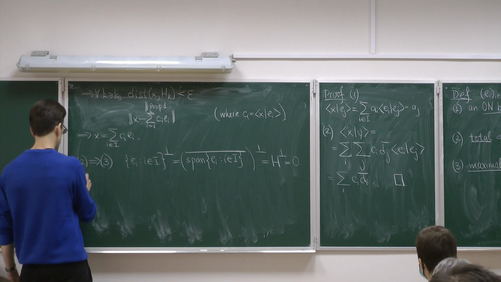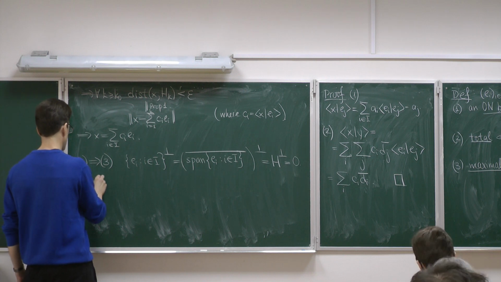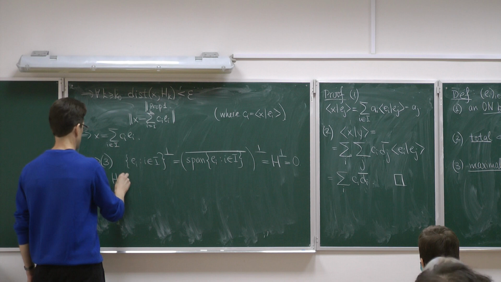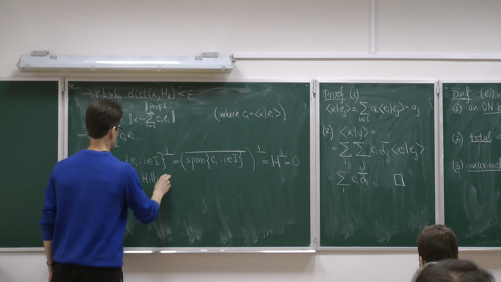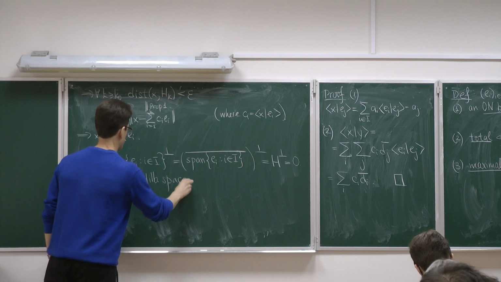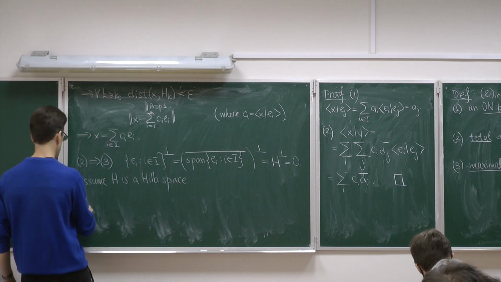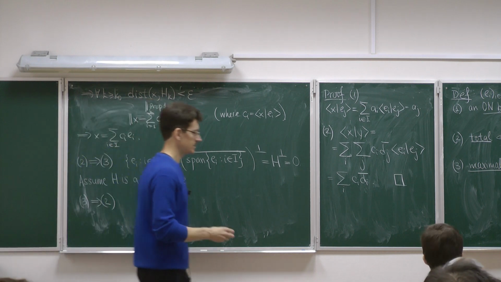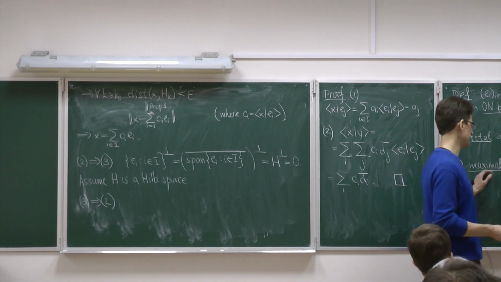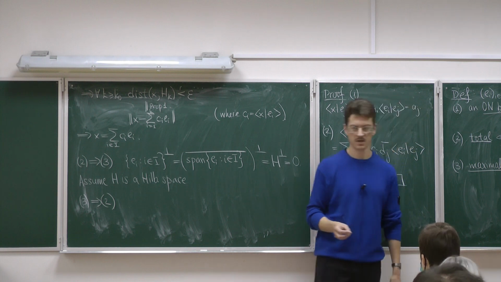Okay, and finally, let's assume now that H is a Hilbert space, and let's show that 3 implies 2. So we assume that our family is maximal, and we want to show that it is total.